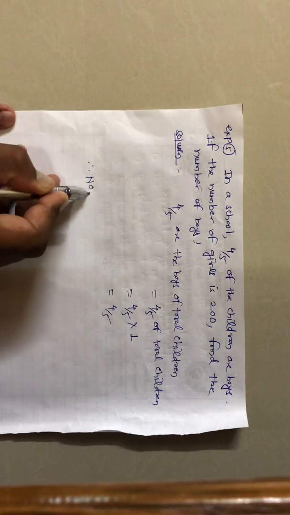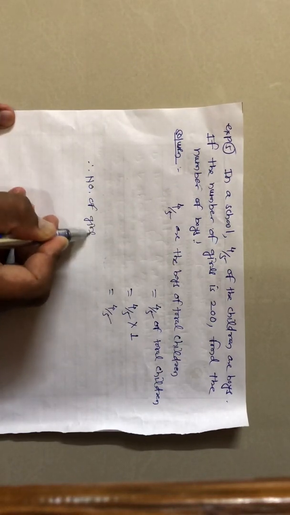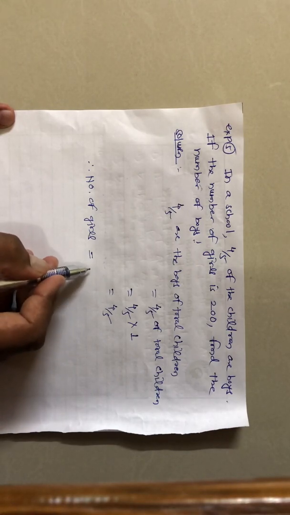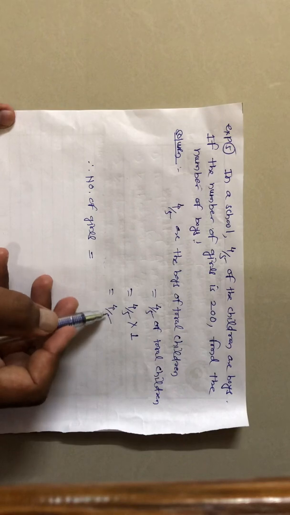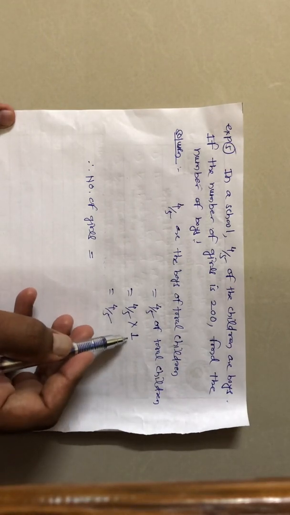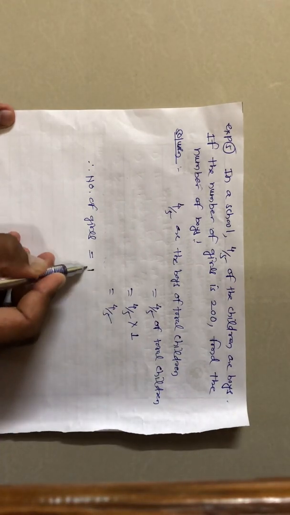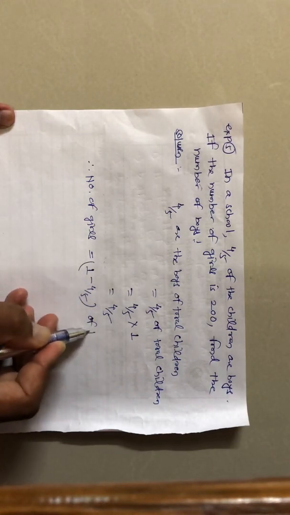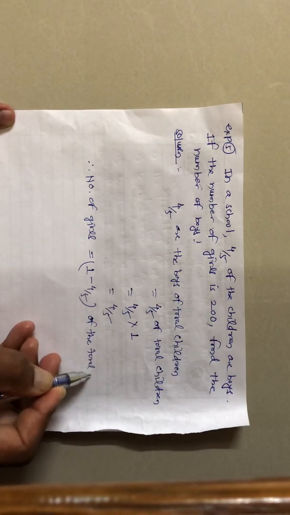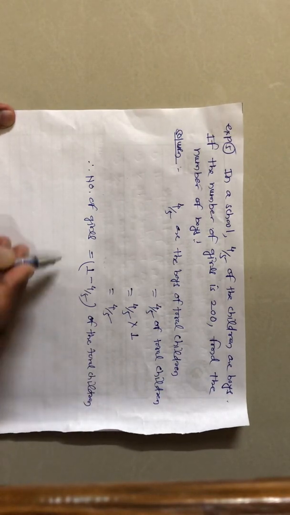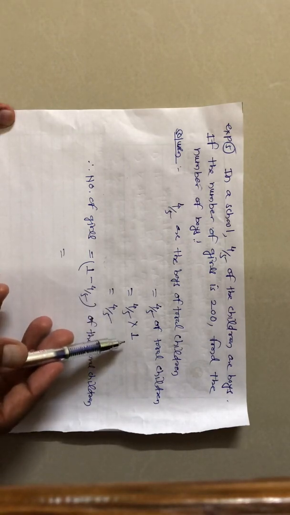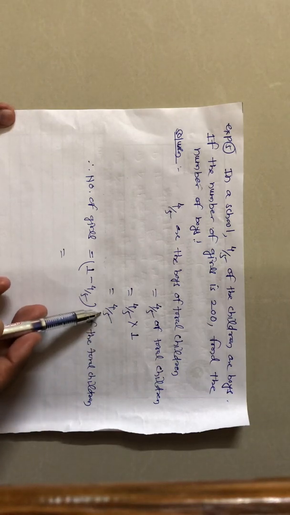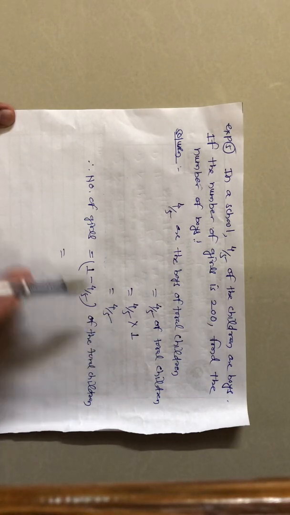Now the number of girls is equal to, we have to subtract the boys from the total children 1, means 1 minus 4 upon 5 of the total children. See, total children in fraction we are considering, that is 1. So 4 by 5 are the boys of total children.